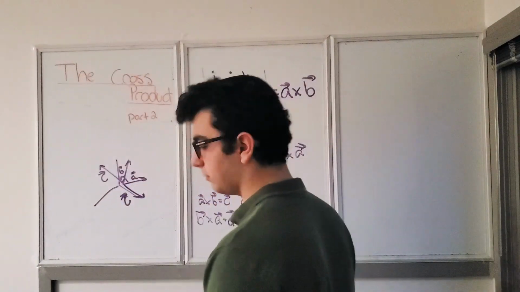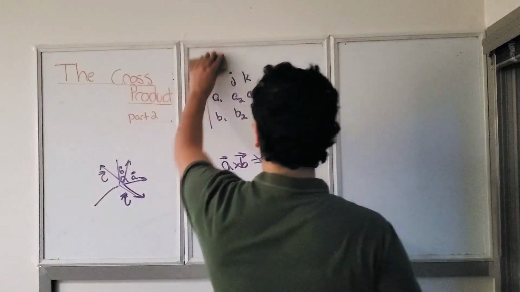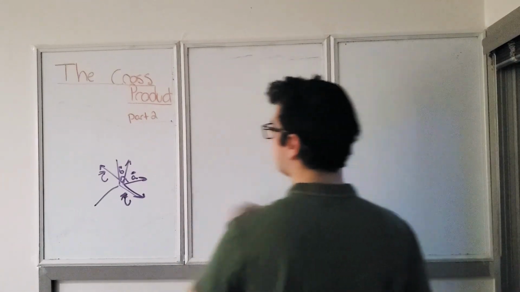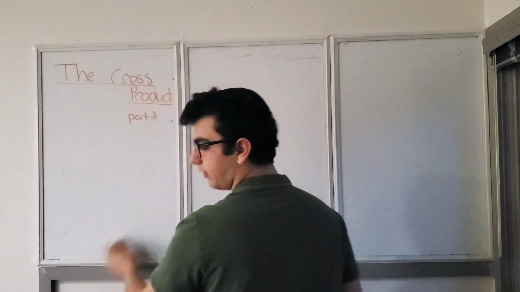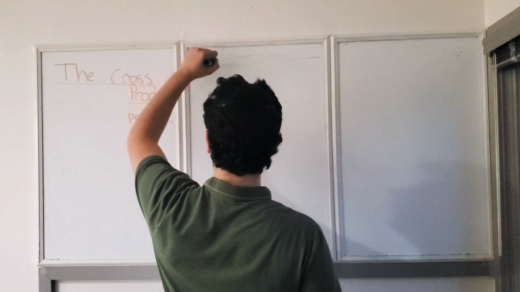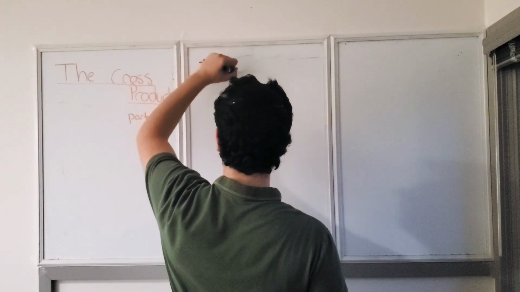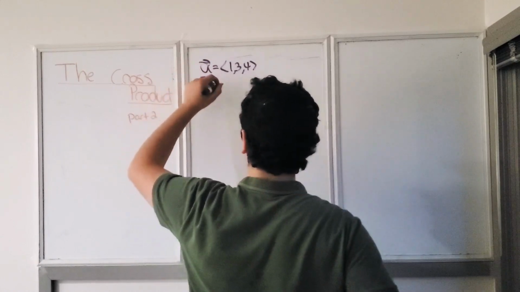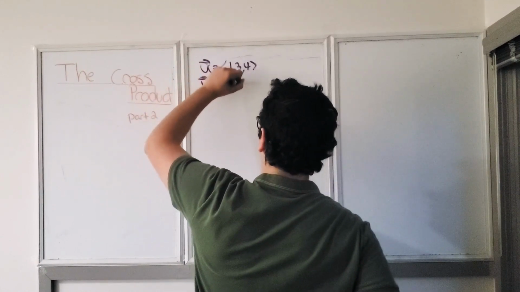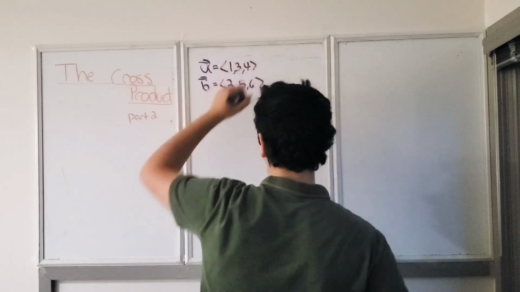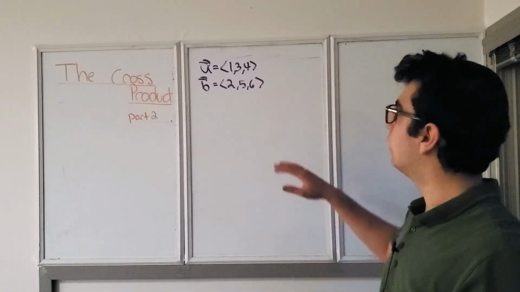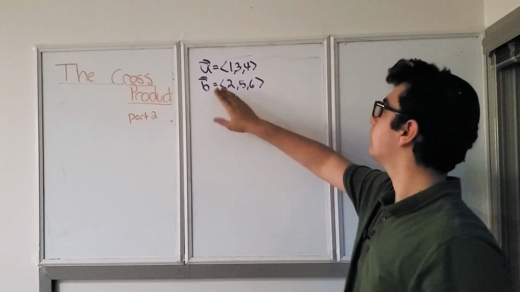So I'm going to do an example. We are asked to compute, here I'll say if A vector equals 1, 3, 4, and we have B vector having the components of 2, 5, 6, and we're asked to find what vector is orthogonal or perpendicular to this.